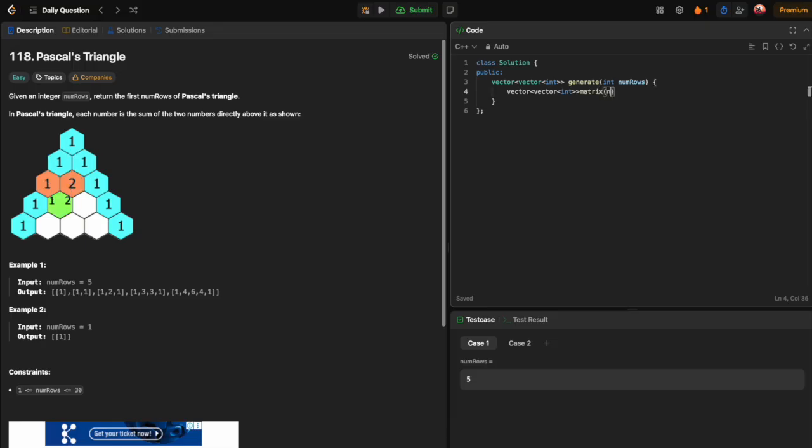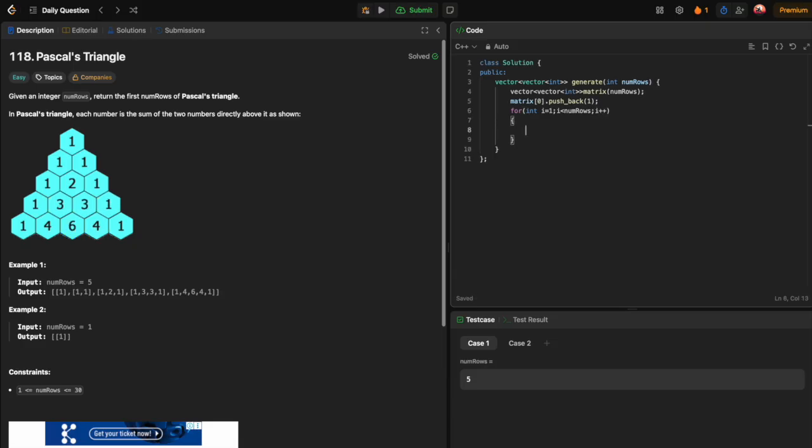which is of length numRows, and first of all you have to push 1 into the 0th index. Then I will traverse from index i equals 1 to numRows, with i plus plus.